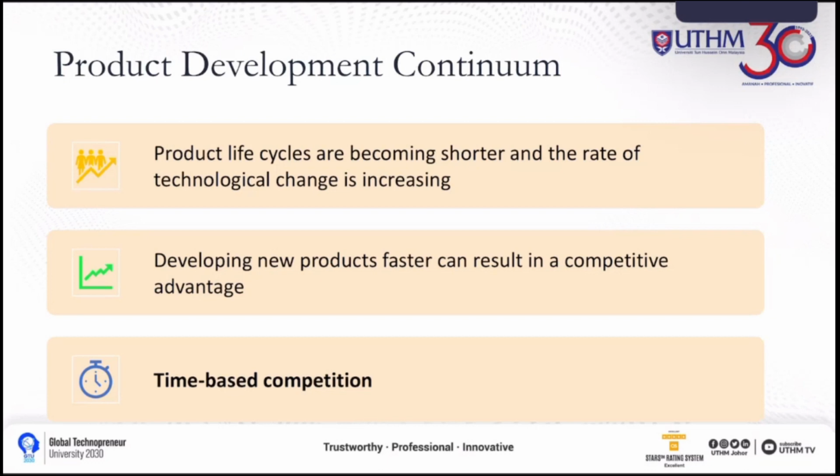Now we move to the next one, which is the product development continuum. What is the definition of this? It represents a spectrum of strategies and approaches for organizations to develop and introduce new products or services.